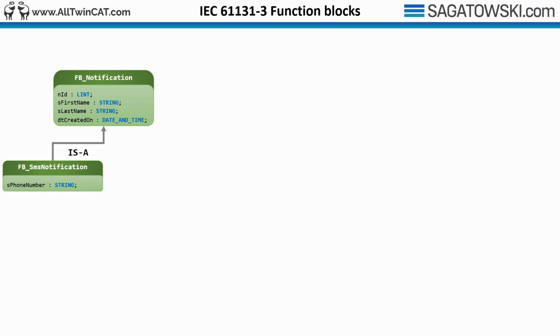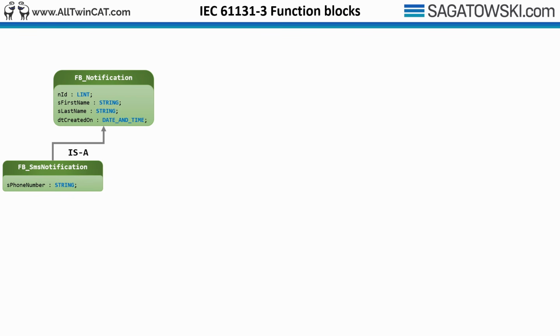This is still though a notification and it should have all the properties of a normal notification, such as the first and last name, etc., but with the addition of a phone number. The phone number is what is explicit only to SMS notifications. There is a relationship between the function block fb_SMS notification and the function block fb_notification.